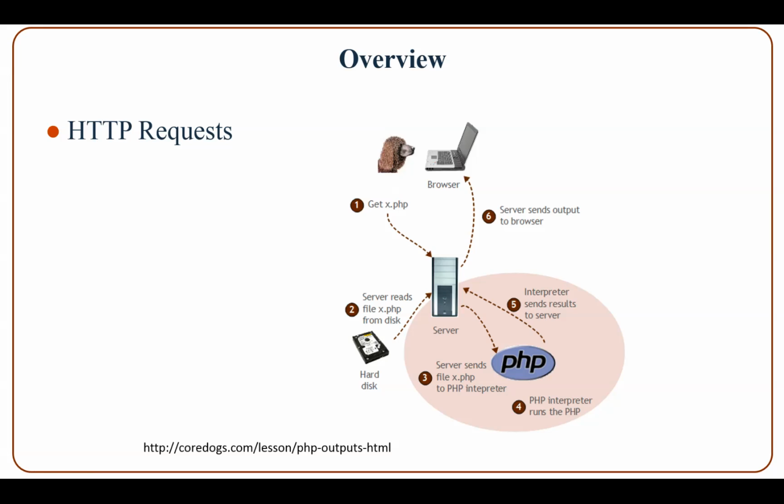PHP will interpret it and then send the HTML code back to the server. And the server sends the output back to the browser, and your browser displays the result on your computer. The interpreter is normally stored on the same server as the web server, and the server pages are also stored on the same server.